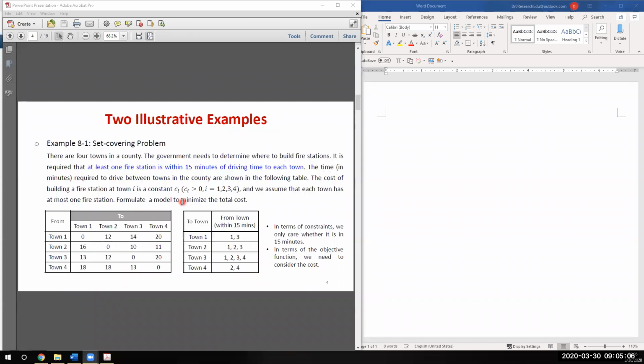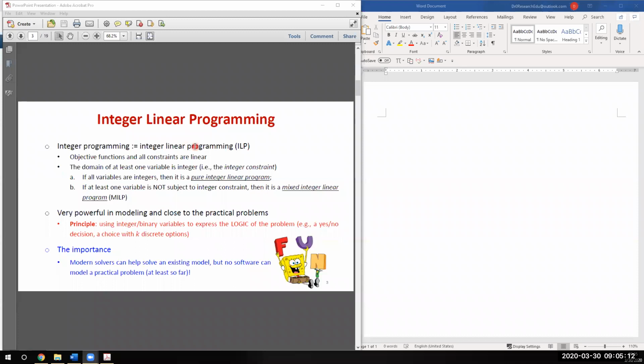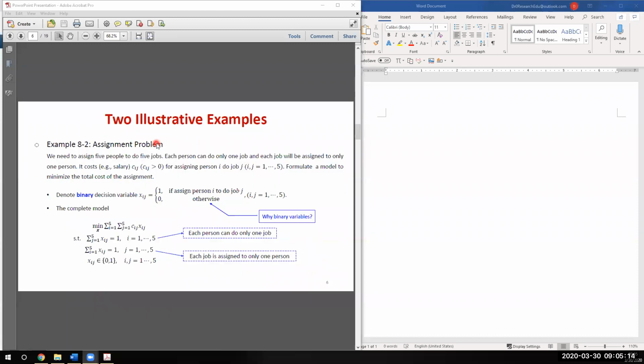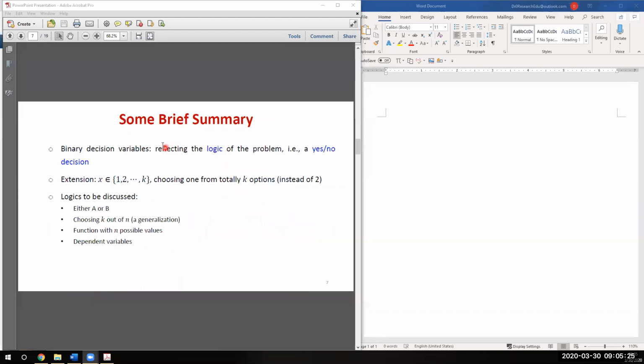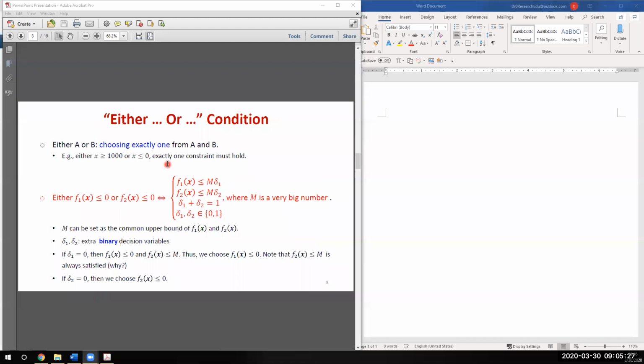And then I introduced two illustrative examples. The first one is a set covering problem, and the second one is an assignment problem. In both of them, we use binary decision variables to denote the logic. And we also mentioned an either/or condition.